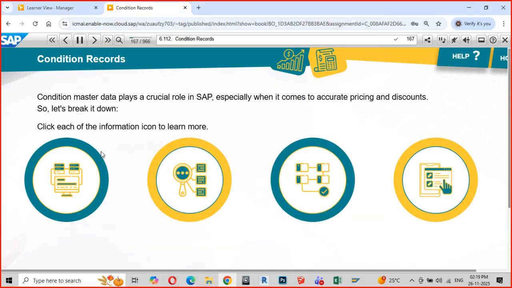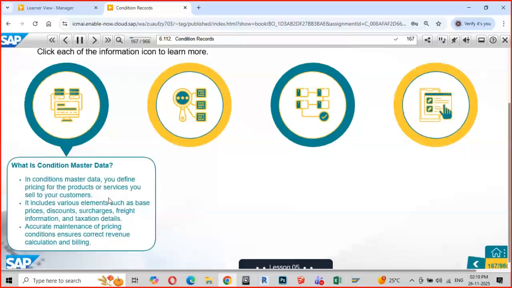Click on each of the icons to learn. What is a condition master record? In the condition master record, you define the pricing, how the product should be priced, at what price you are going to sell, and taxation details.